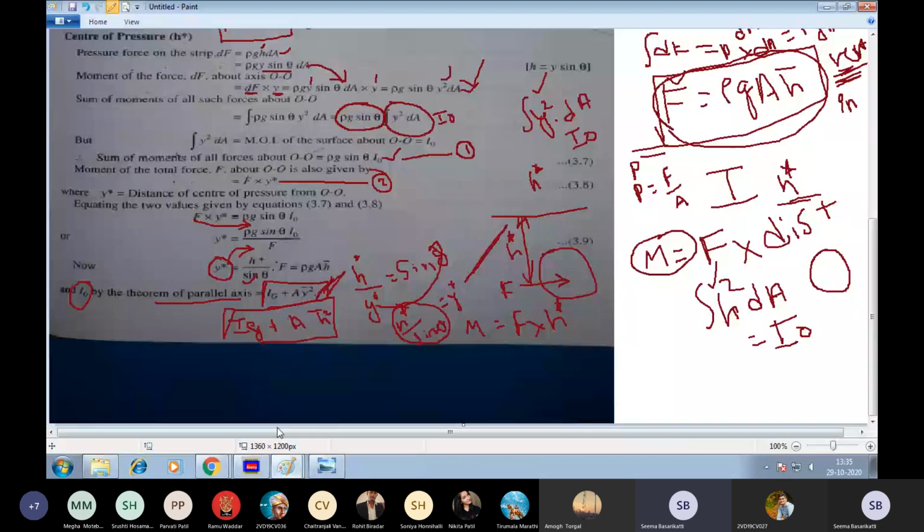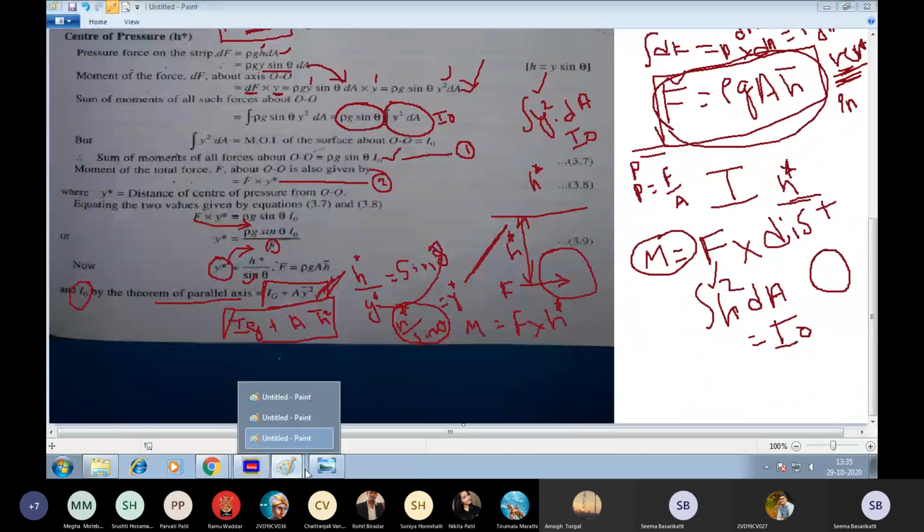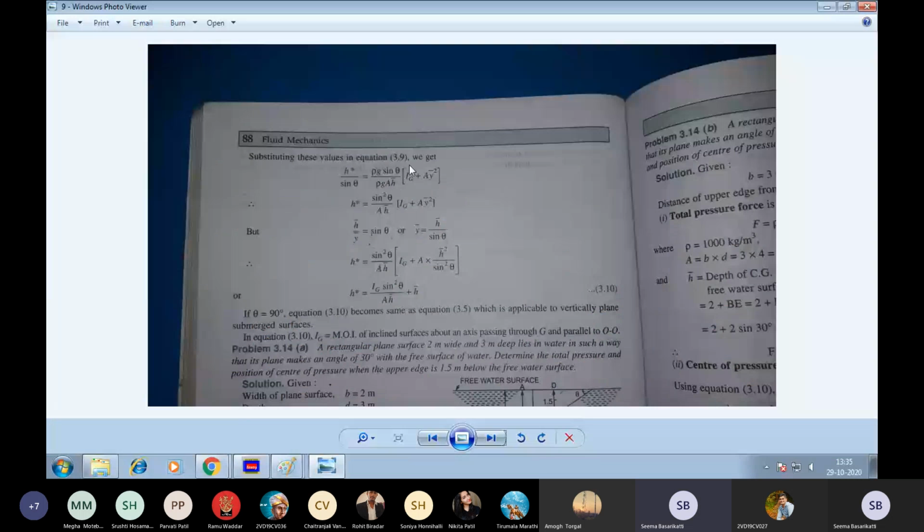Why? Because F is nothing but rho g into A into h bar. Therefore I naught is Ig plus A into y square bar. Keep h star as it is because we have to identify the value of h star. When sine theta comes to the numerator, it becomes sine square theta. The rho g terms from numerator and denominator cancel.